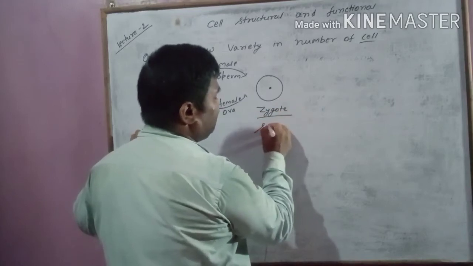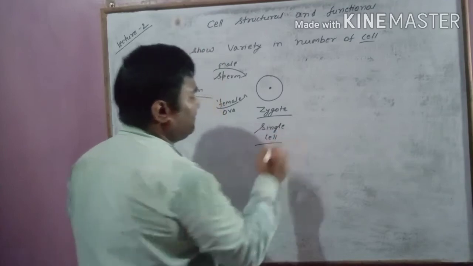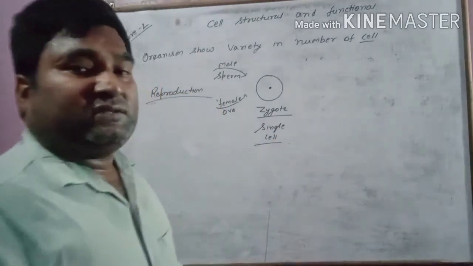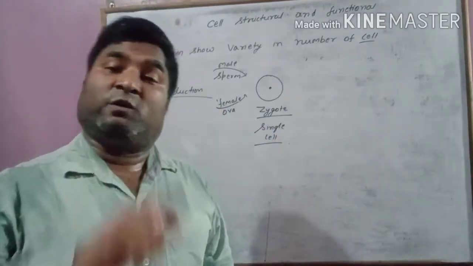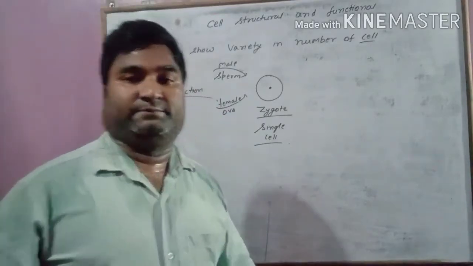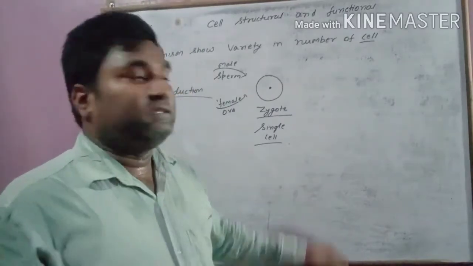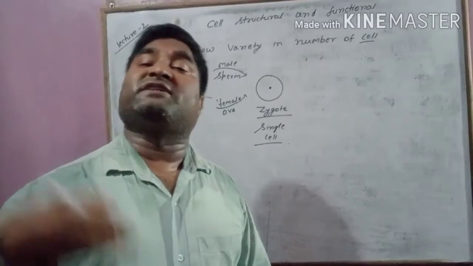Zygote is single cell. So the journey of multicellular organism also start with the single cell, and with division in the single cell the organism become multicellular.